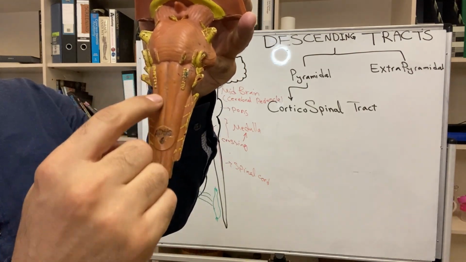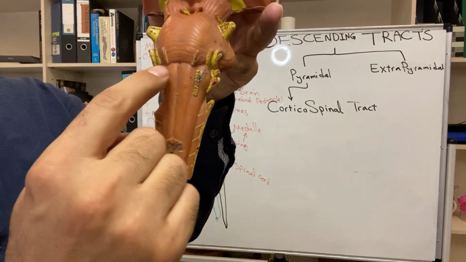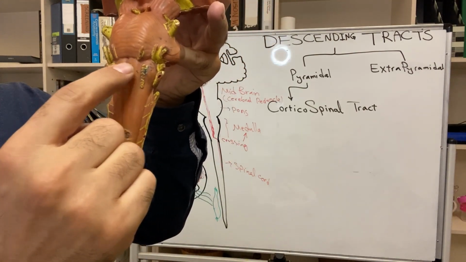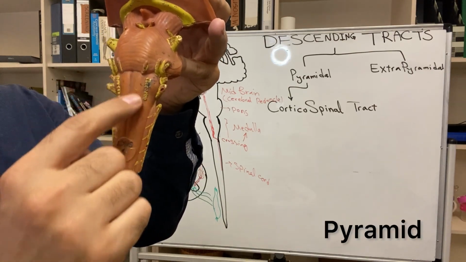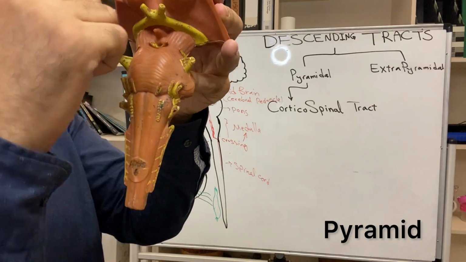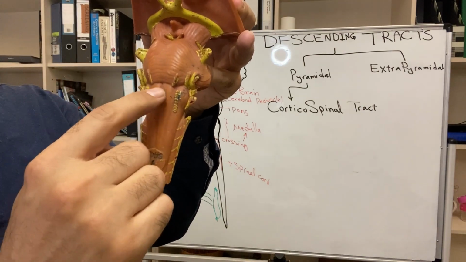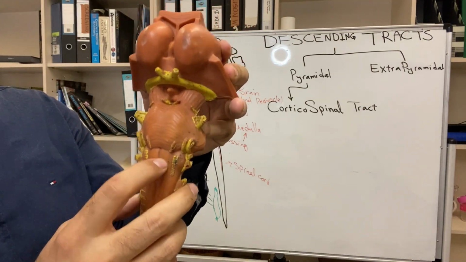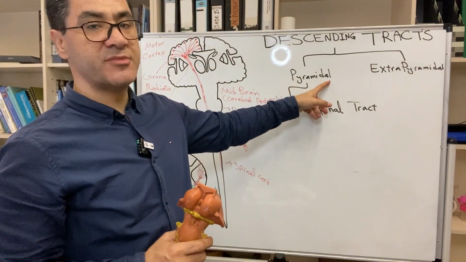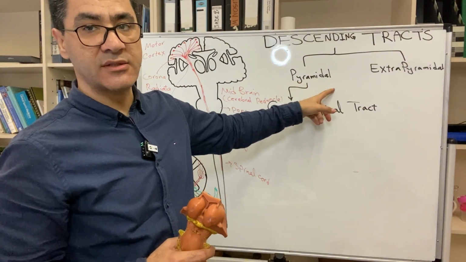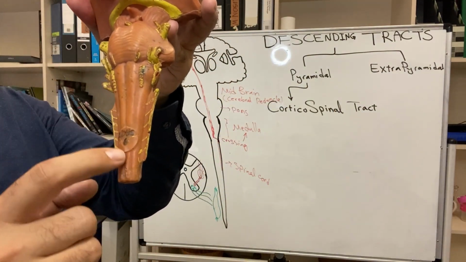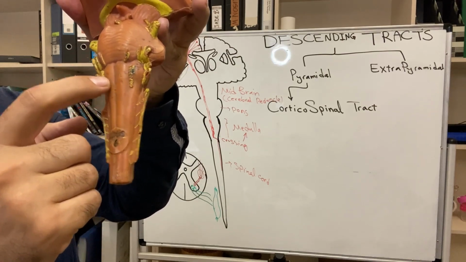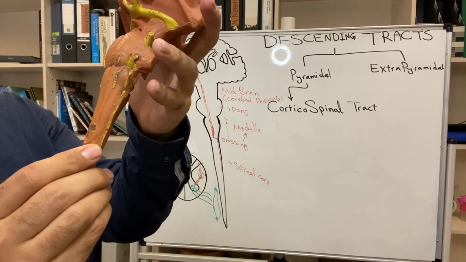So in the medulla, if you look here, there are two anterior projections. They're called pyramids, right and left pyramid. So the corticospinal tract passes through these pyramids. That's why it is called the pyramidal descending tract, because it passes through these pyramids of the medulla oblongata.